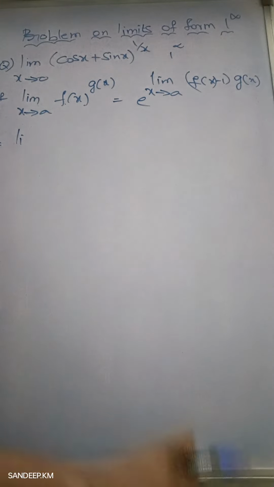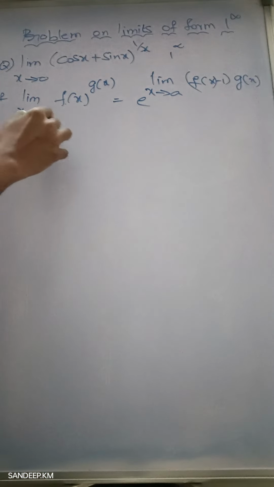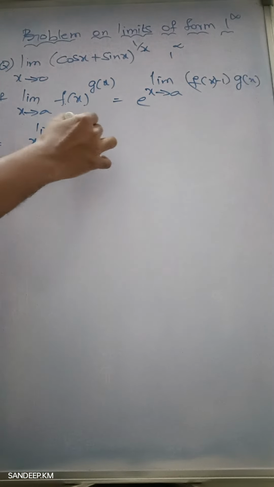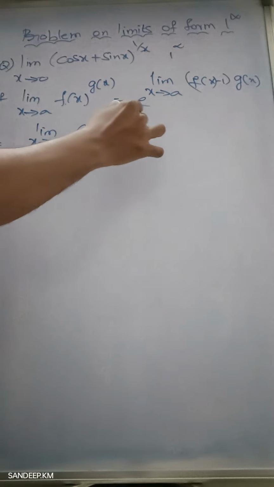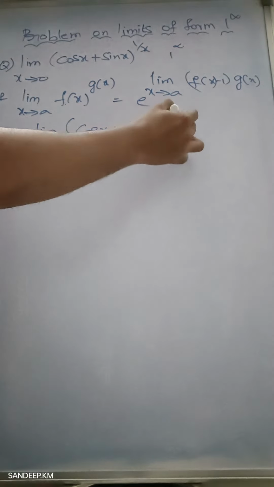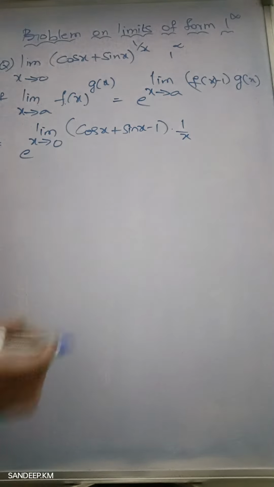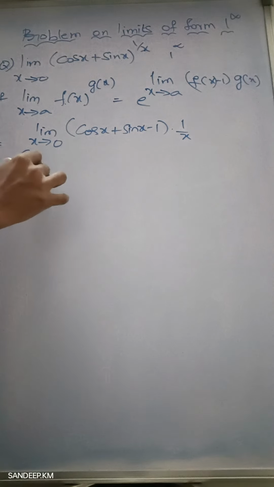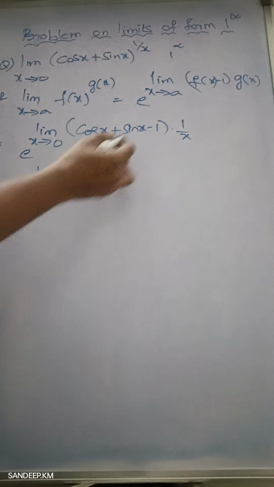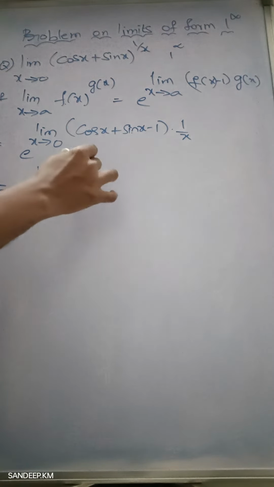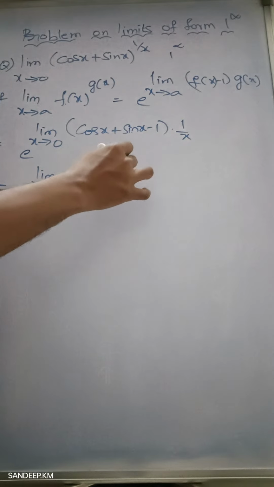So the question becomes e power limit x approaches 0, base cos x plus sin x minus 1, into the power 1 by x. Now we have to use some formula in trigonometry. Sin x, I can write as 2 sin x by 2 cos x by 2.